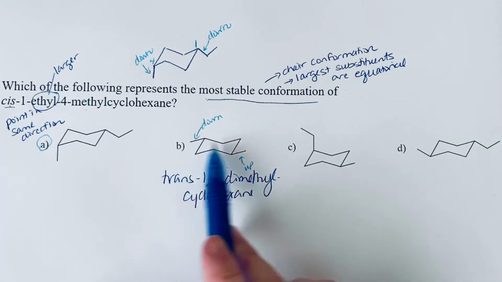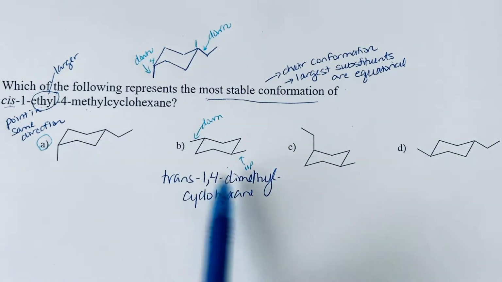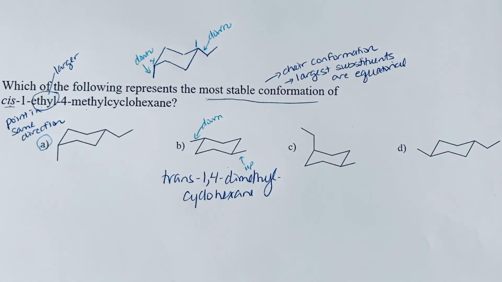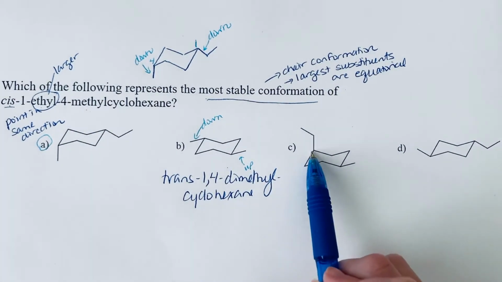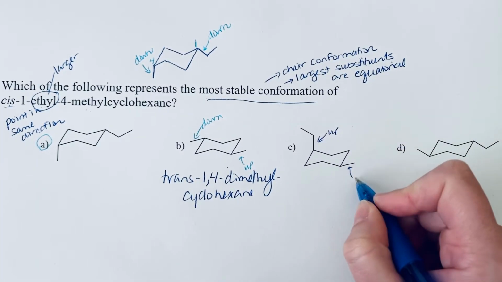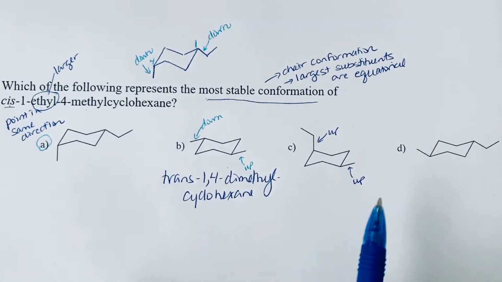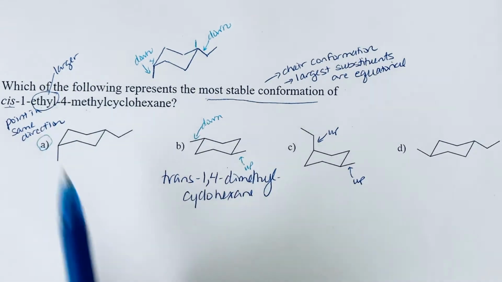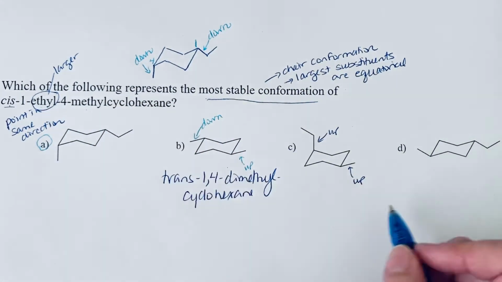So although we see these 2 equatorial groups and it's stable, it doesn't apply because it's not the one we're looking for. If we look at C, we have an ethyl group pointing up, and we have a methyl group pointing up. So this is the other chair conformation of that cis-1-ethyl 4-methyl cyclohexane.